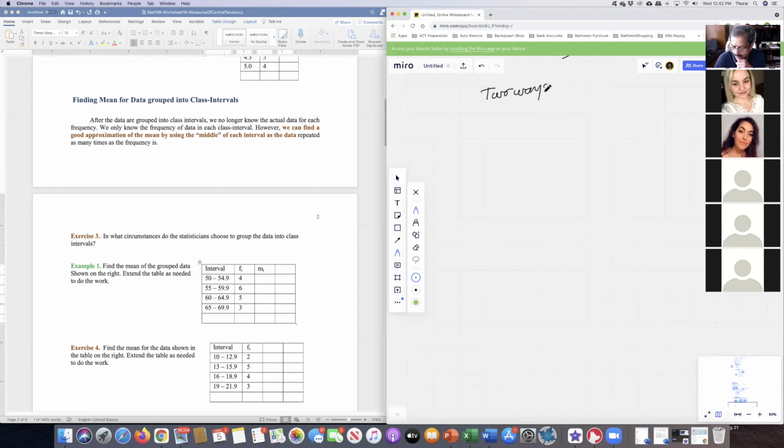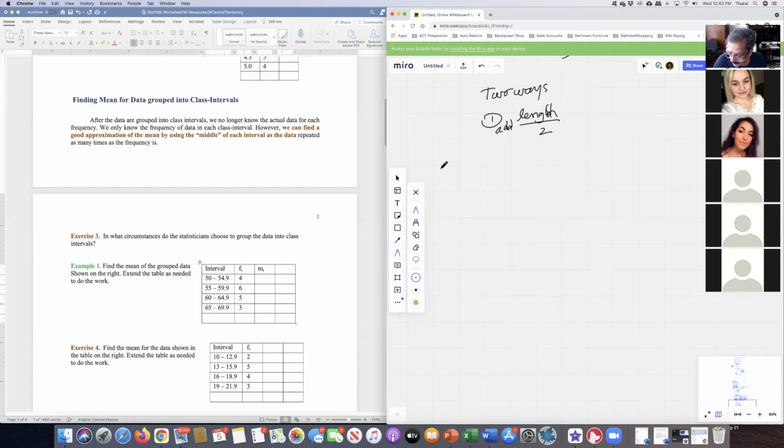One is to take the length of the interval, divide by 2, and add it to the beginning of each interval. So 50 plus 2.5, 52.5 is the middle. The next interval has 55 as the beginning. So 55 plus 2.5, 57.5 is the middle, and so on. So add length over 2 to the left endpoint.